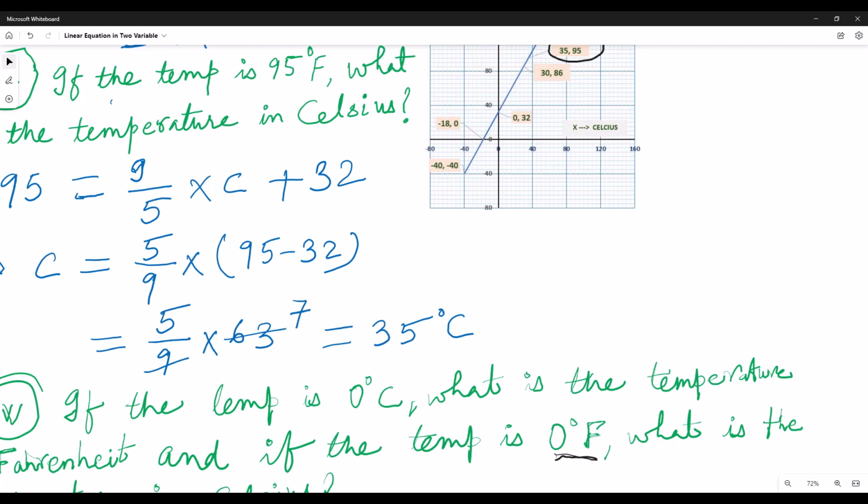Sorry, in degrees Fahrenheit it is 0, and in Celsius it is minus 18. And when in Celsius it is 0, the Fahrenheit is 32. So you get these 2 points where they cross the x and y axis, and you can get the different values.